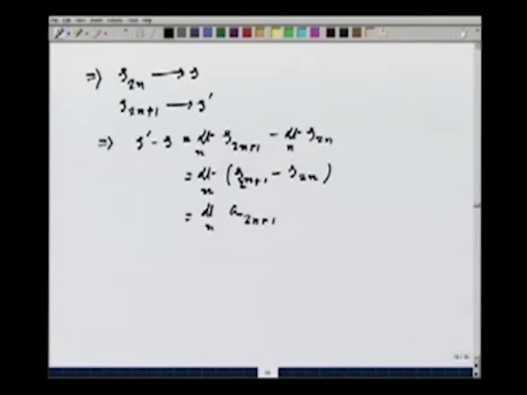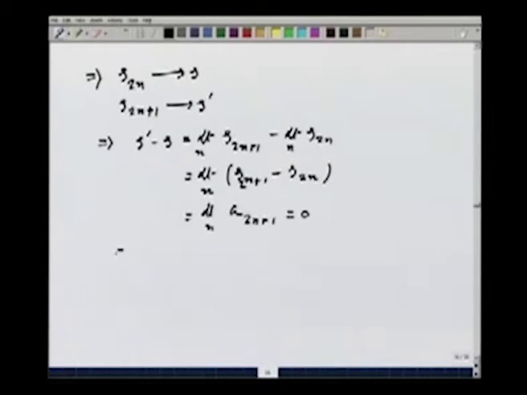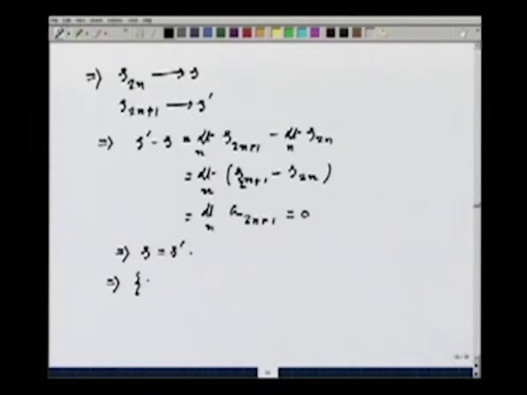Now there is another condition on the an's, that as n goes to infinity, an goes to 0. So as n goes to infinity, a2n plus 1 will also go to 0 because it is a subsequence of the sequence of an's. So this is 0. This would then imply that s equals s prime. Since s is equal to s prime, the sequence of partial sums Sn converges to s, which is equal to s prime.